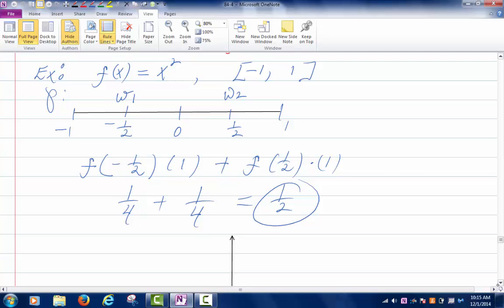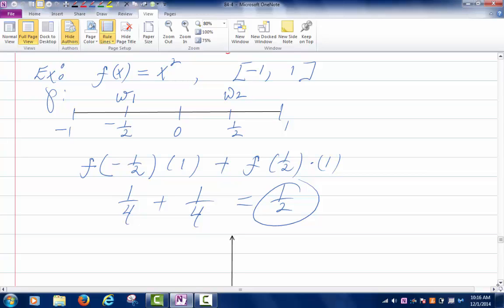The partition points that I am picking here are -1, 0, and 1. Is everybody clear? I am picking 3 partition points. -1, 0, and 1. Those are my partition points. So if those are my partition points, then what's the size of the partition? My partition points are -1, 0, and 1. So my size is what? 2.